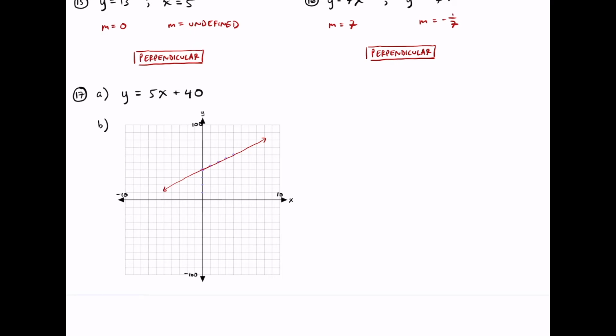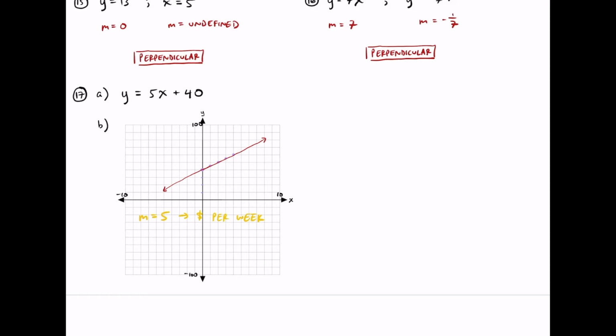And what's the meaning of the slope and the y-intercept? So the slope here is going to be 5. That represents the money you're gaining per week. So if you want to know what the 5 represents, the slope, it represents how much money you gain per week.